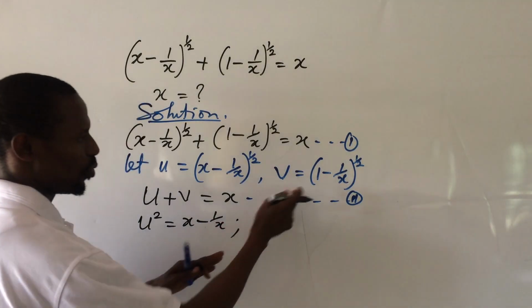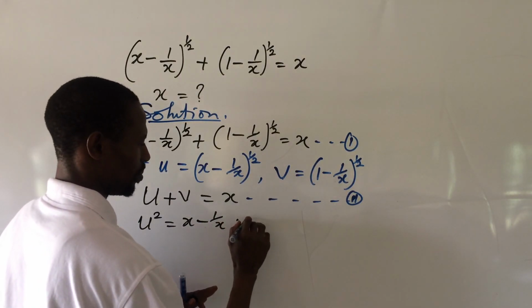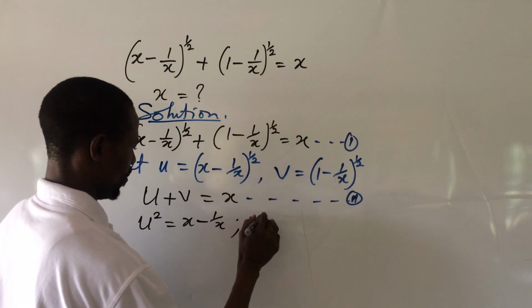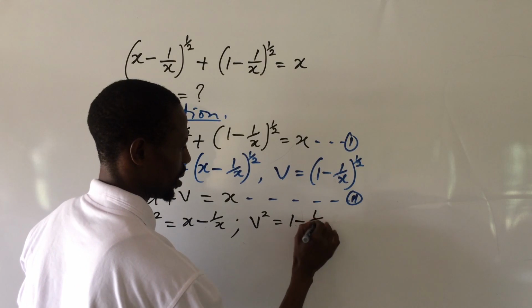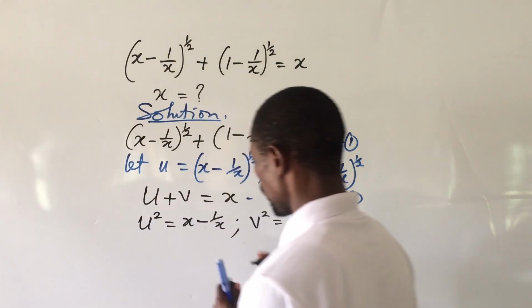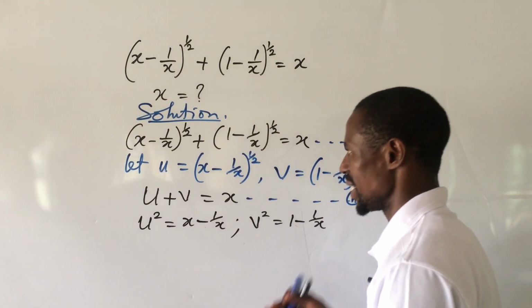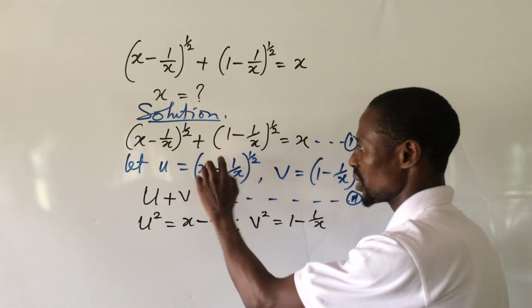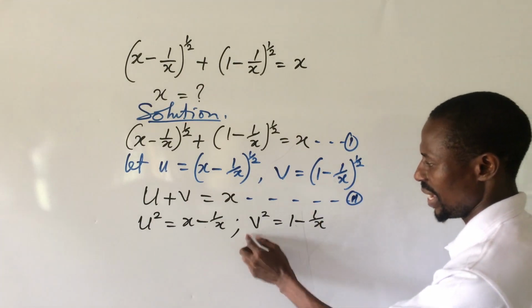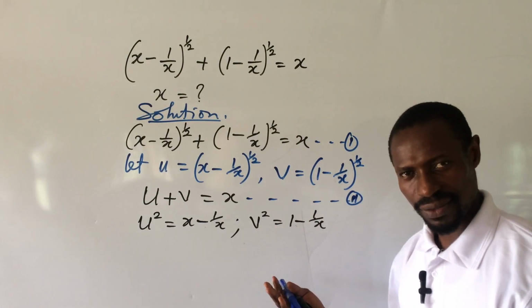Then squaring both sides again, we have v squared equal to 1 minus 1 all over x. Because each is raised to the power of half, squaring both sides removes the power. Hence, we have this.